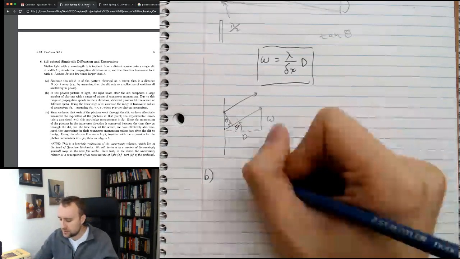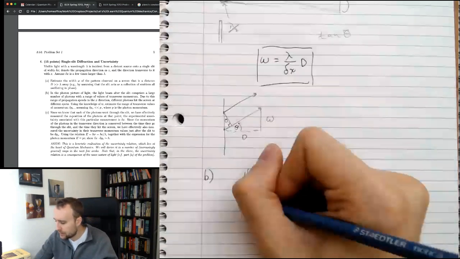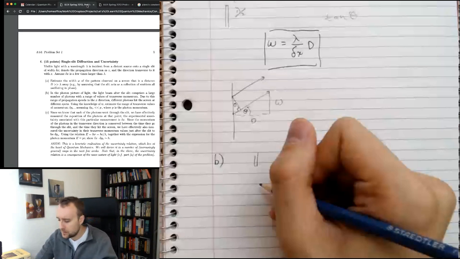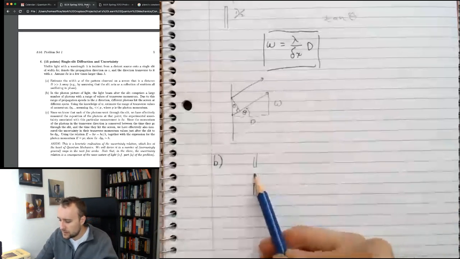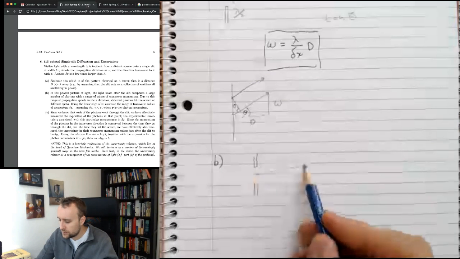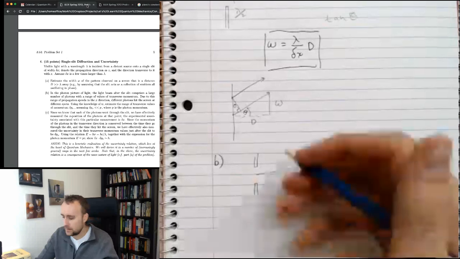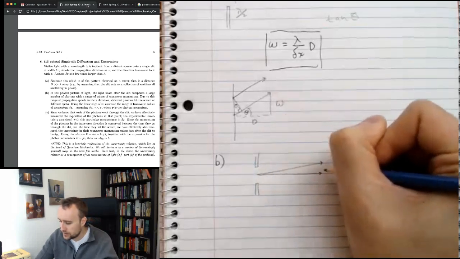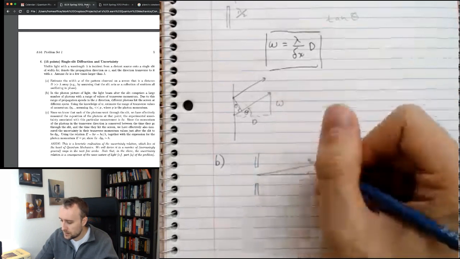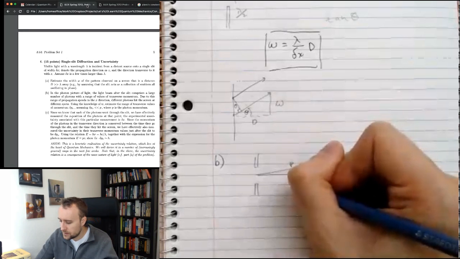So again, let's try to draw a picture. What do we have? We have, again, the slit. We have the photon, which is going to strike the screen here. And it's a vector, so it has two components. It has momentum, and let's say it has momentum z.